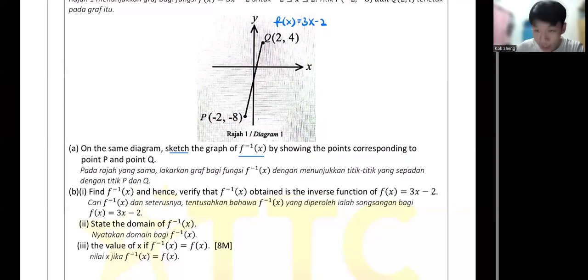Repeat: you have to sketch the graph of f negative 1, which is the inverse. After that, you have to find out the changes of the points P and Q.